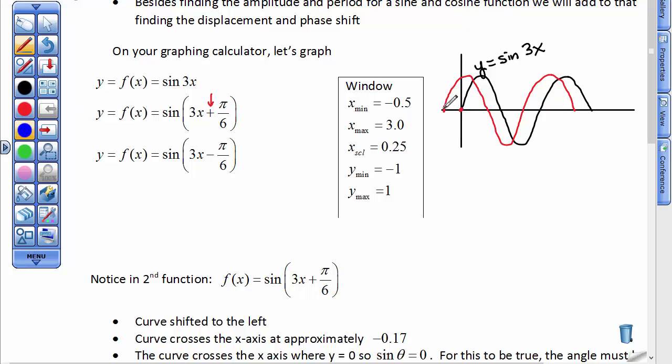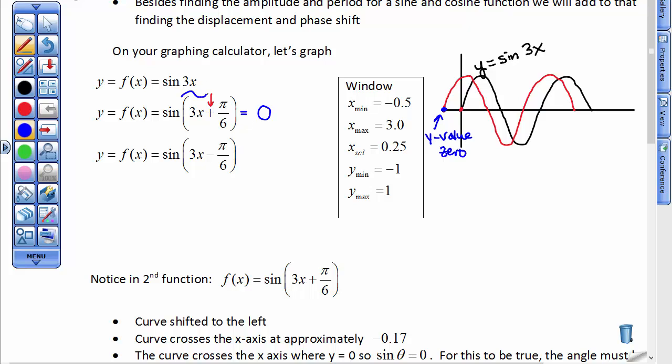Now the big thing is this point right here where it's displaced to: the y value, the output, is 0. So the sine of whatever x is right there, 3 times that plus pi over 6, has got to be 0, because the sine of 0 is 0.